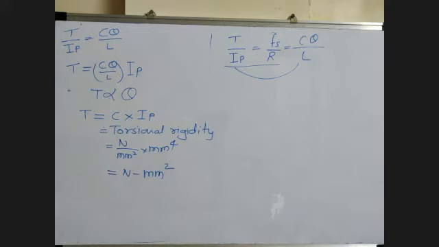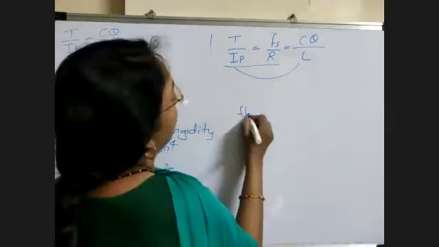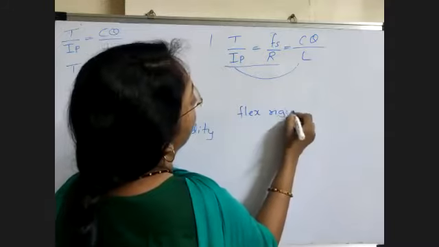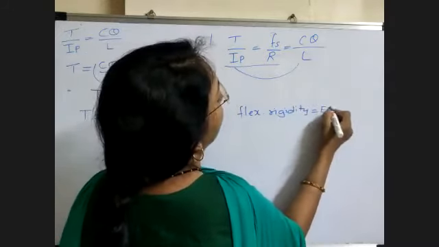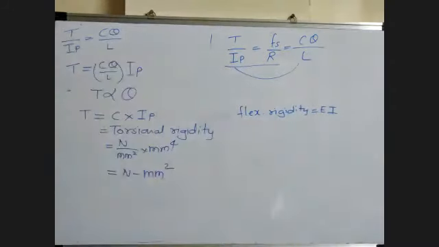We have also learnt this in theory of bending, the flexural rigidity, that is EI. And this one is your torsional rigidity, that is C into Ip. So next what we see. This is the equation based on your angle of twist.